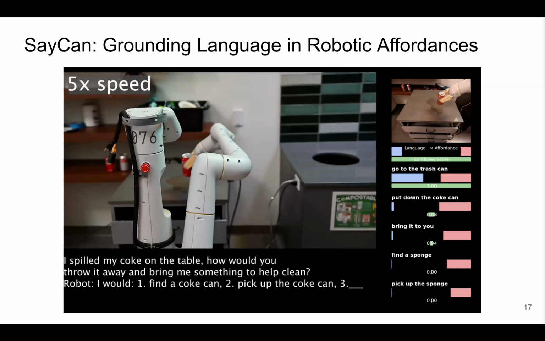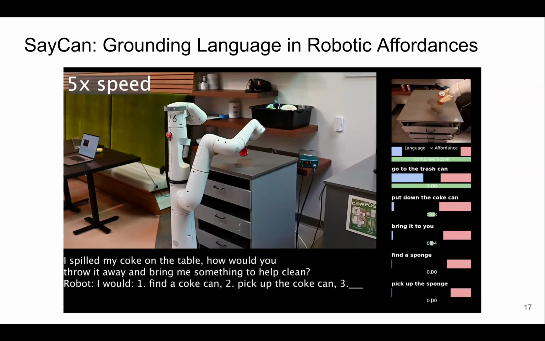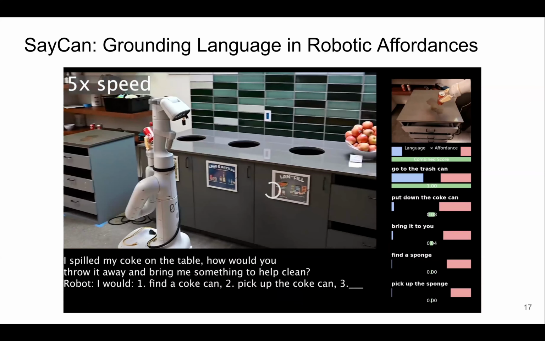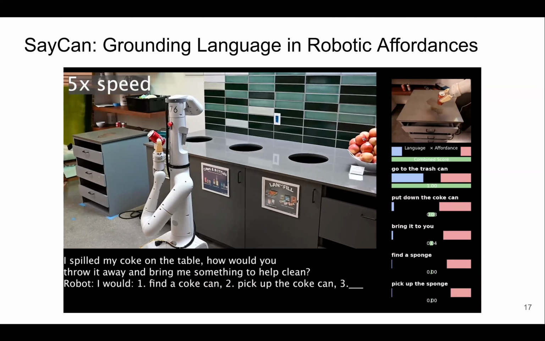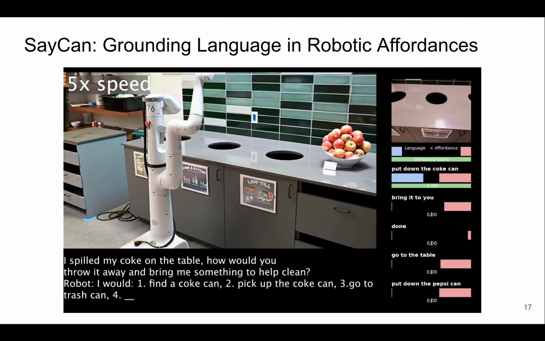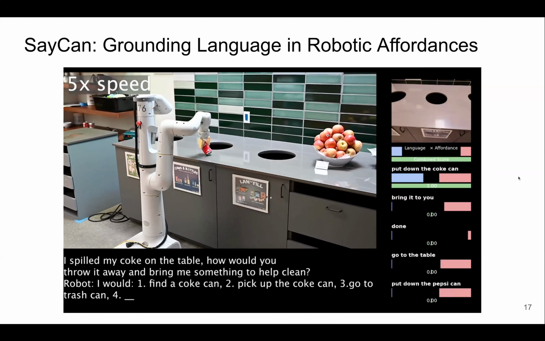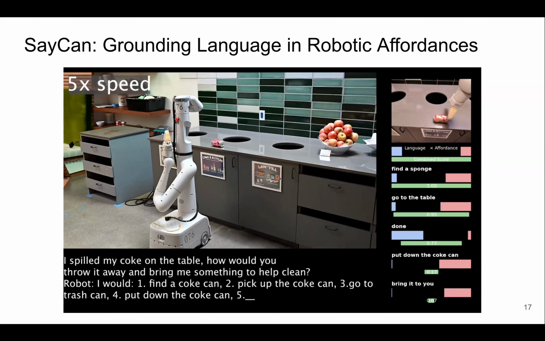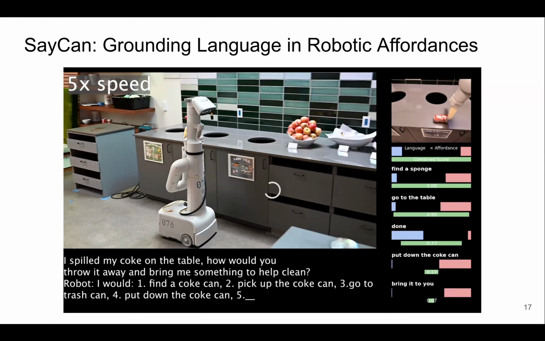The affordances are also saying which objects are available. It's very straightforward to roll it out in the real world, and also general because we can just ask it through natural language. But essentially this goes on to find the sponge and bring that. So it's thrown away a Coke can and then also brought something to help clean up.